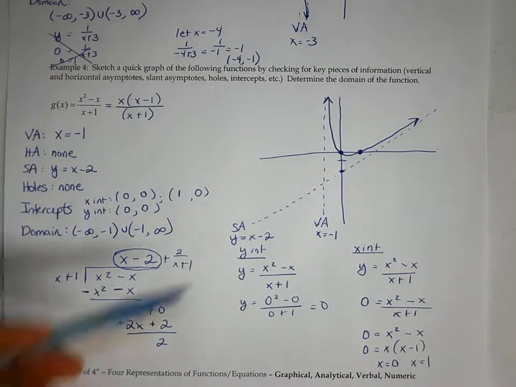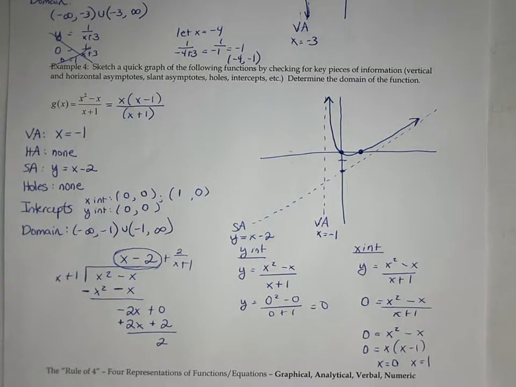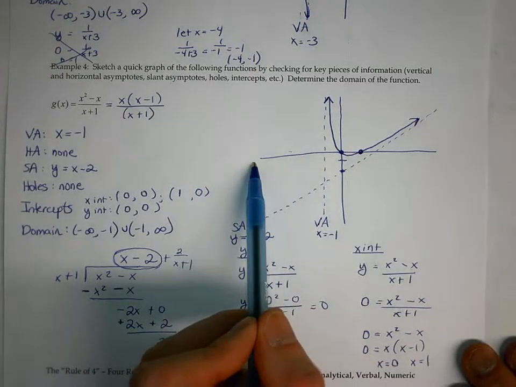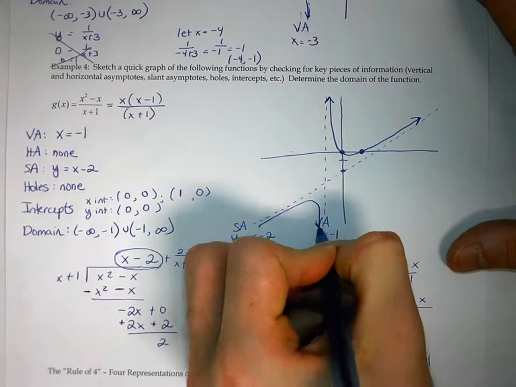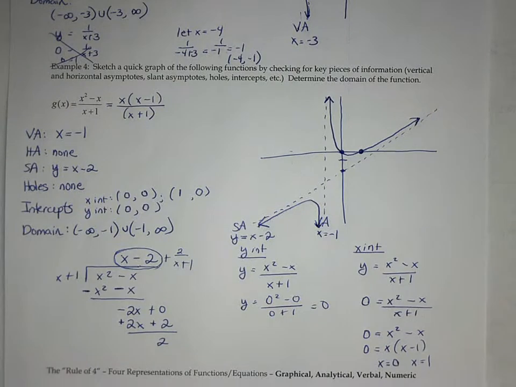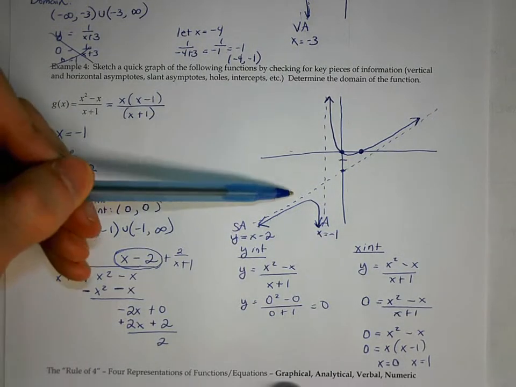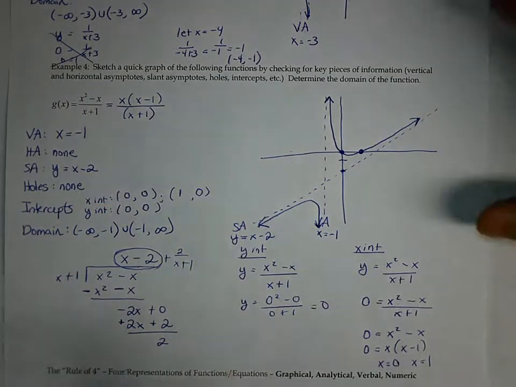The second question then is, where is it going to be on the left-hand side? Is it going to be above or below? We actually know that answer without doing any further math because we know we've got no x-intercepts over here. So the graph has to go down here. Now, if you didn't pick up on the fact that you don't have any x-intercepts over there, and you're wondering if it's going to be above that asymptote or beneath it, you can always plug into your equation.